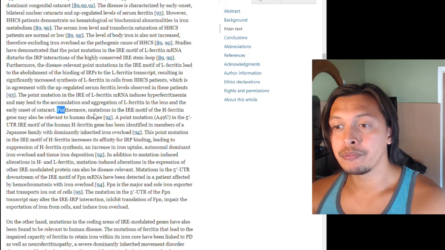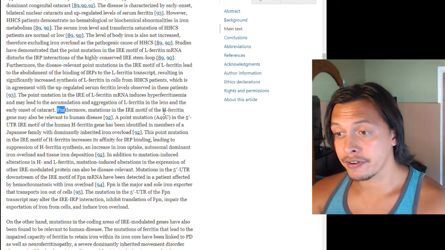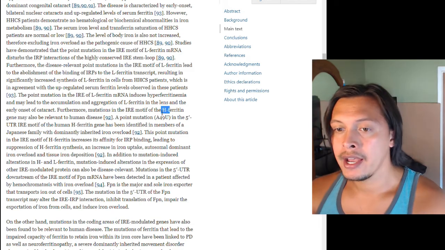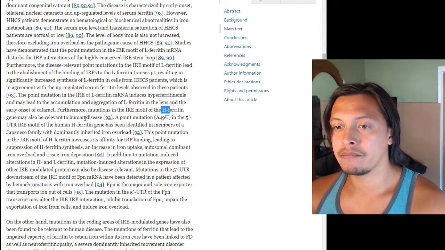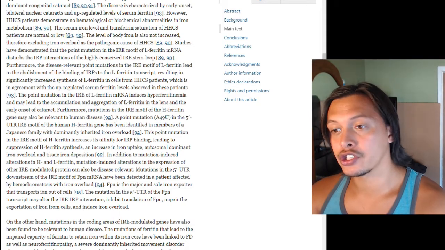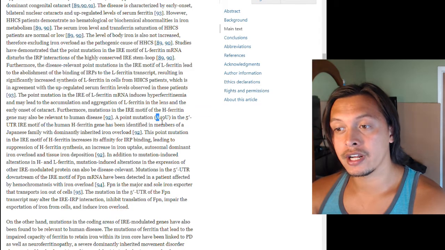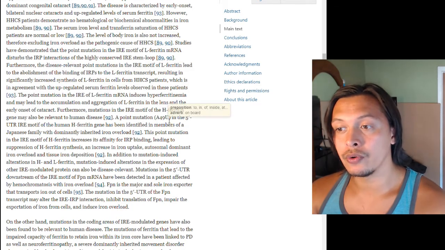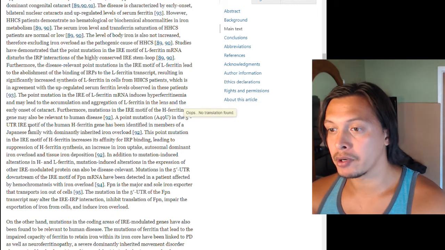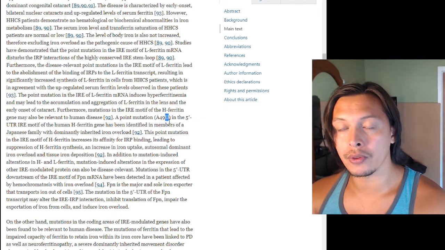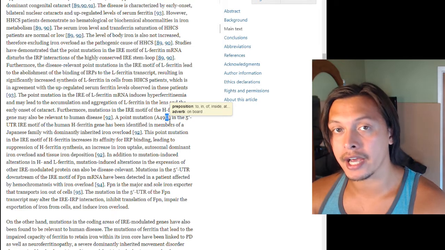So furthermore, mutations in the IRE motif of H-ferritin, which is the heavy chain of ferritin, this gene may also be relevant to human diseases. So a point mutation from the A in the 49 position to a U in the 5' UTR-IRE motif. And remember, A and U are both nucleotides.